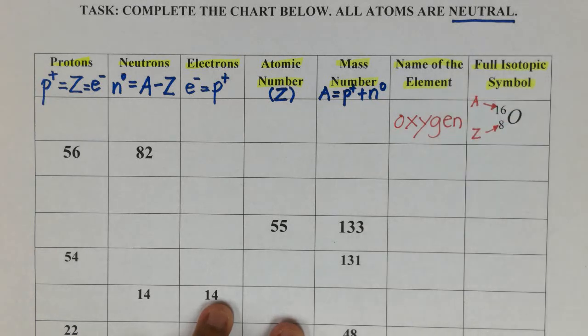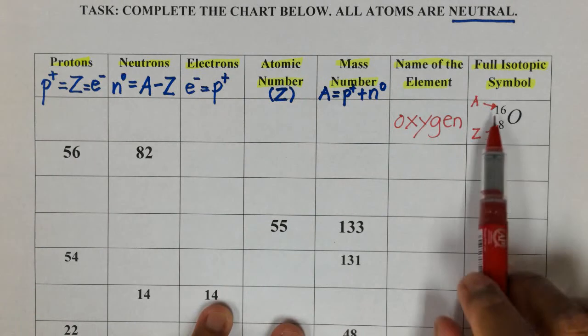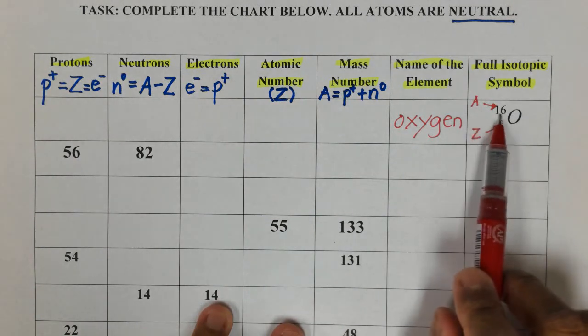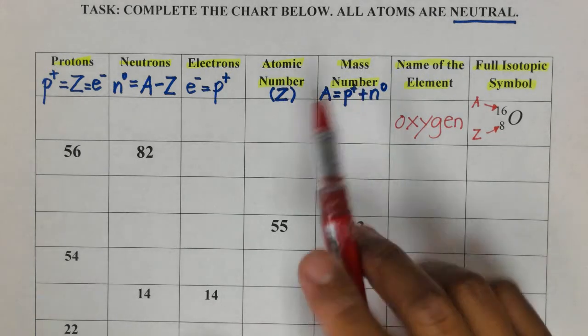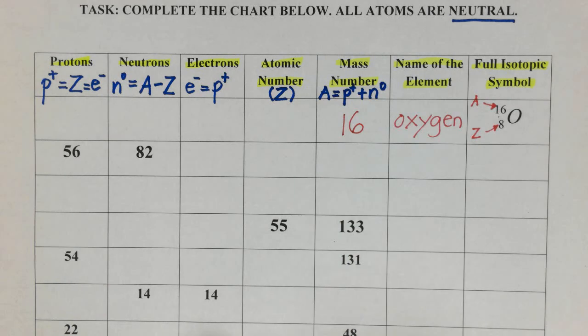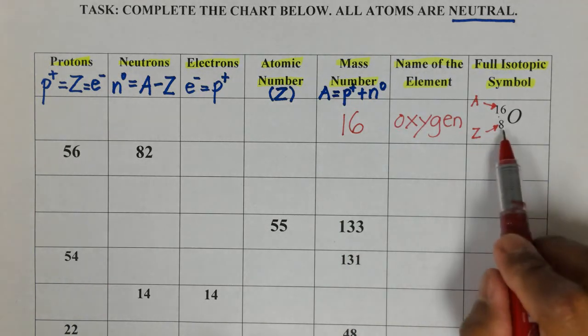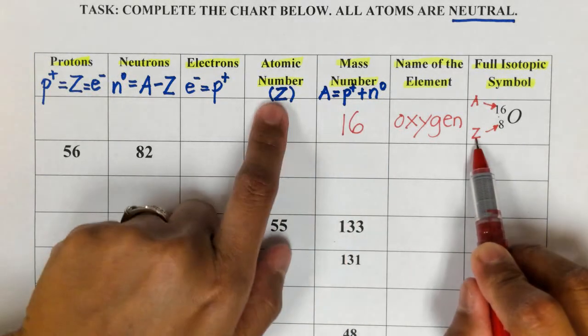Then the next one is for the numbers. A is 16. Where's my A? Oh, A is here, mass number, so I just copy that number and put 16 there. Next is the other number, 8, which is equal to Z. I look for my Z. Oh, it's here.